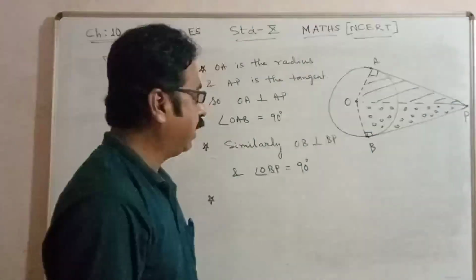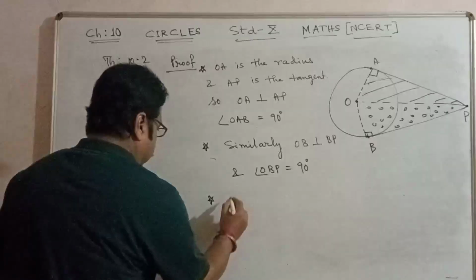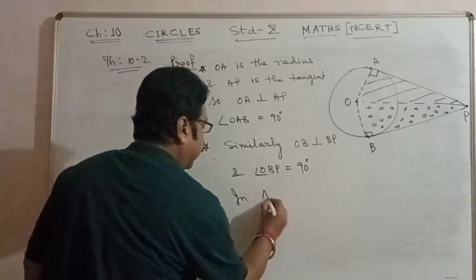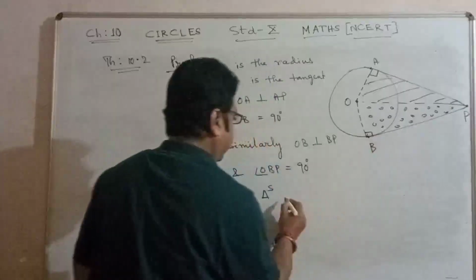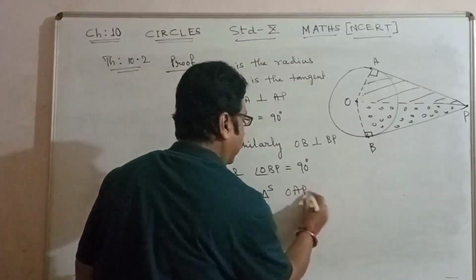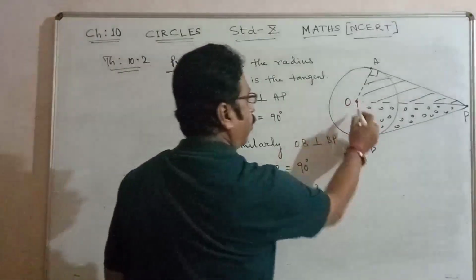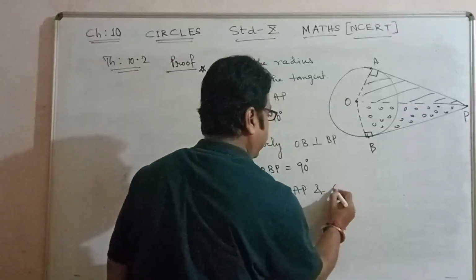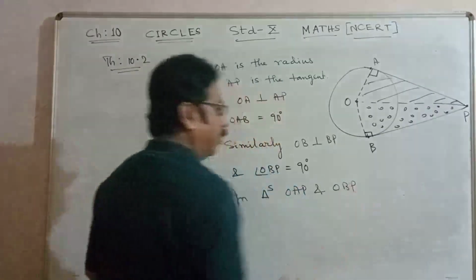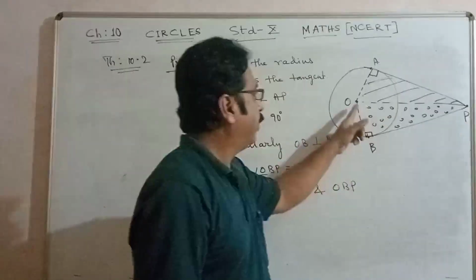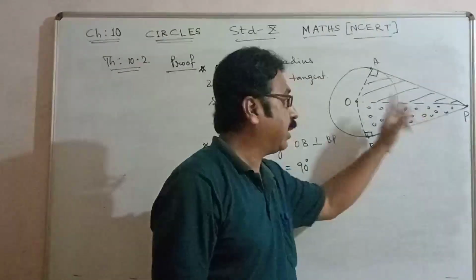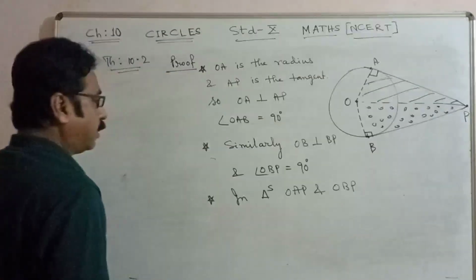It is also a right triangle. In triangles OAP and OBP, both are the right triangles. First point.